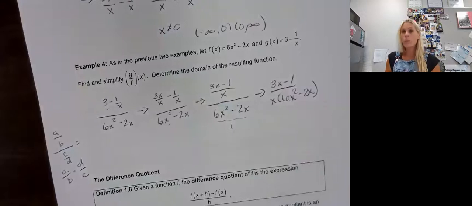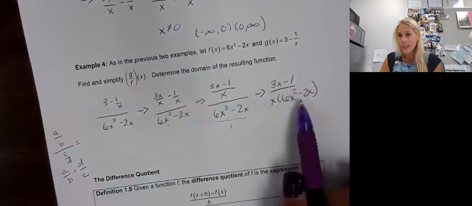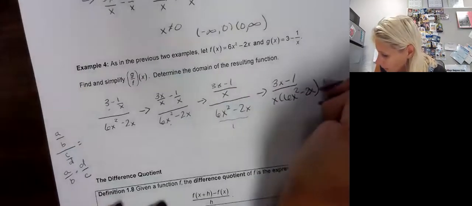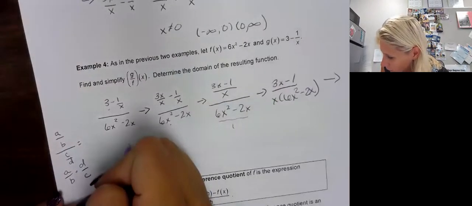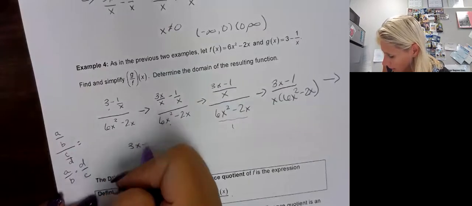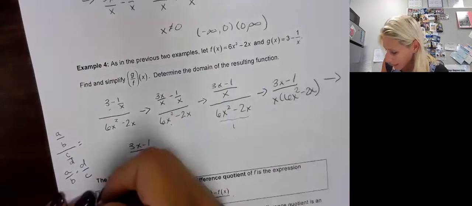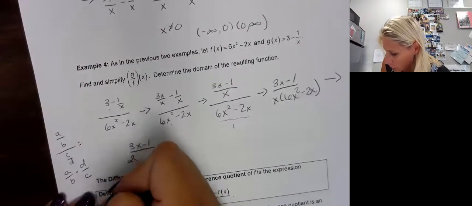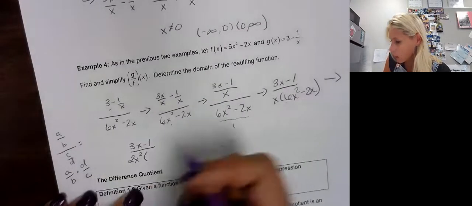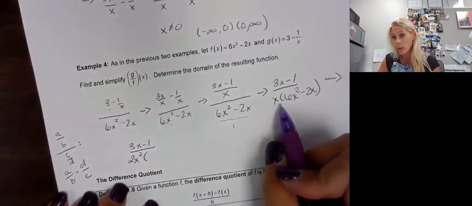All right, we have more simplifying to do, guys, because look, there's something in common here. So the numerator stays the same at 3x minus 1. And as you can see, I can take a 2x out, leaving a 2x squared. It's 2x squared because there was already 1 out there.